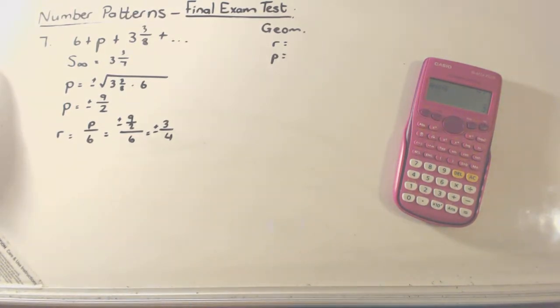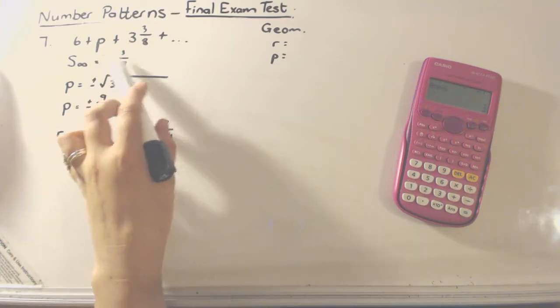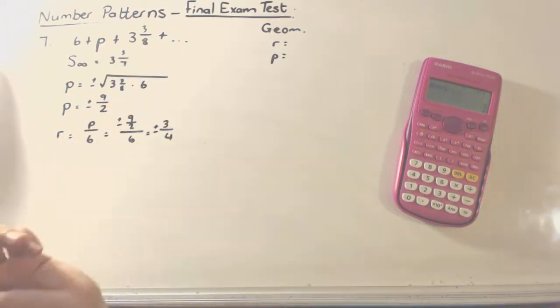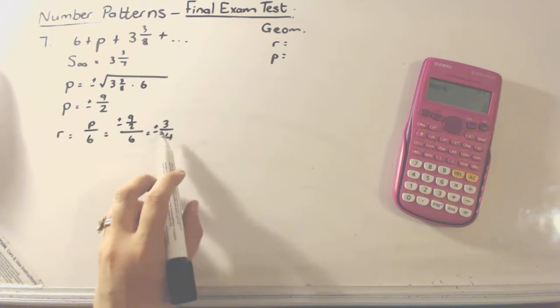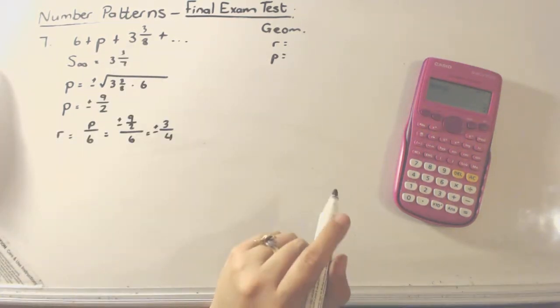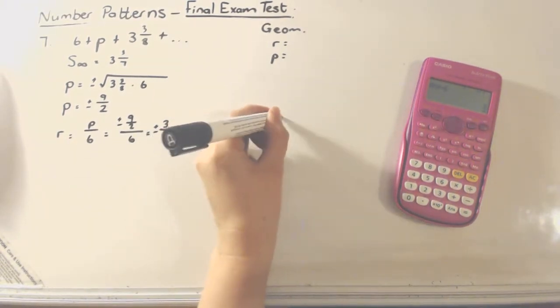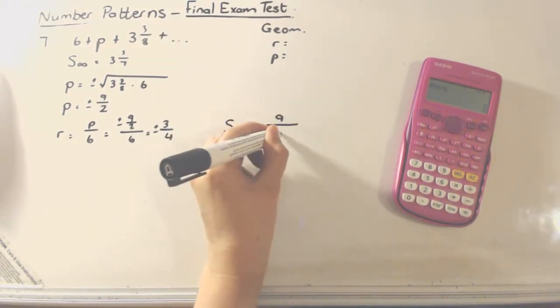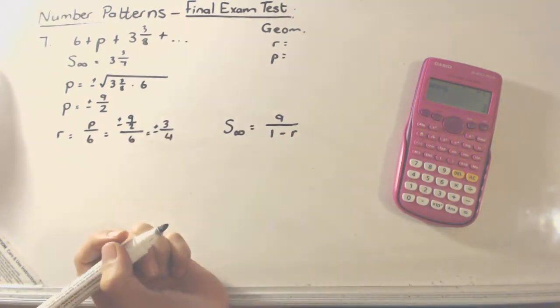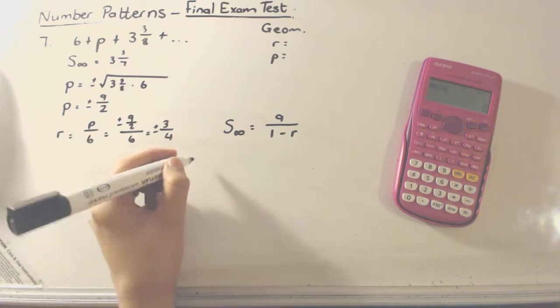But now, I've got two possible r values here, and they give me this sum to infinity. So I think I must just go and establish whether r is positive or negative by using this. So the sum to infinity is equal to a over 1 minus r. And let's quickly see if I have positive 3 over 4.